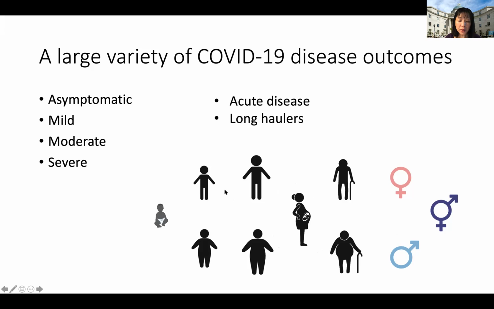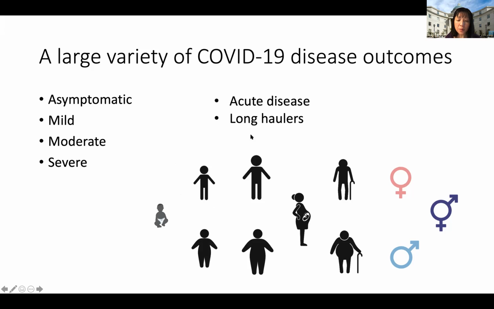For instance, in children, most children have mild to asymptomatic disease, but later on, after a few weeks, they might come down with MIS-C, a form of disease that we still don't understand how this inflammatory disease occurs in some children and not others. So these features still remain very enigmatic, and we don't quite understand the mechanism.